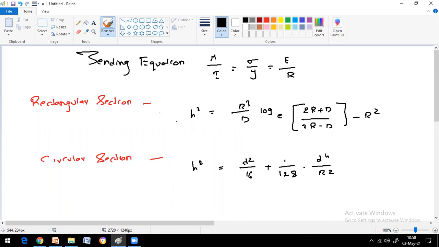This is for the same curved beam having a circular cross section. Understand? So this is the formula, right?